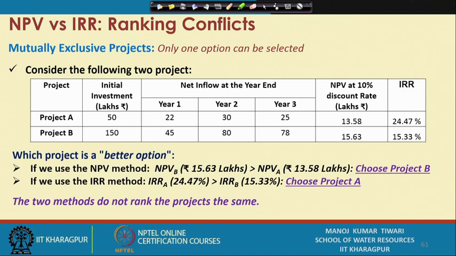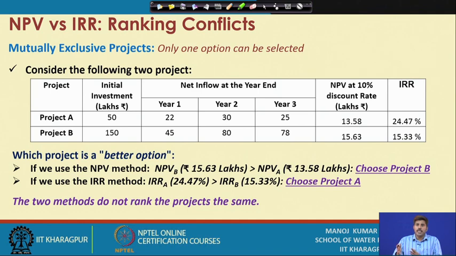For example, that could be for any reason, there could be, let us say, a limitation of funds. So, I have limited funds and I can only fund just one particular project, okay. Or the nature of the project itself could be mutually exclusive, okay.